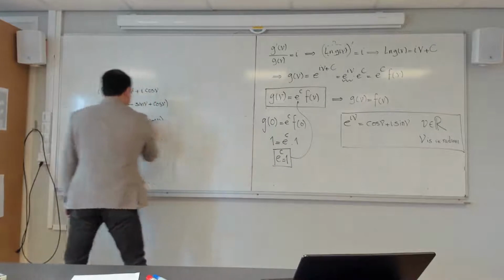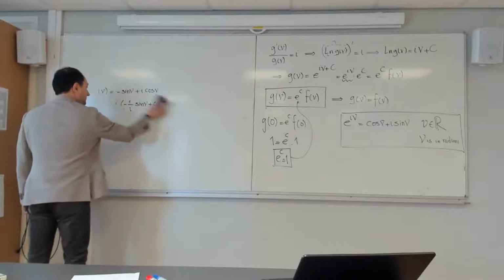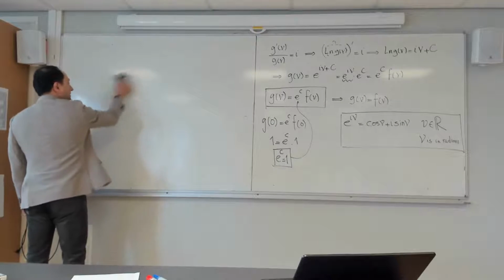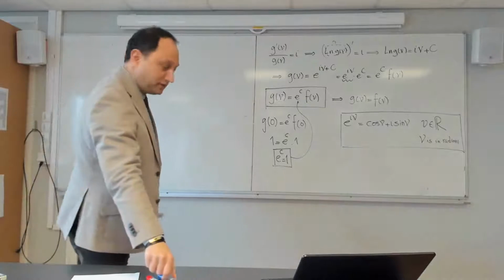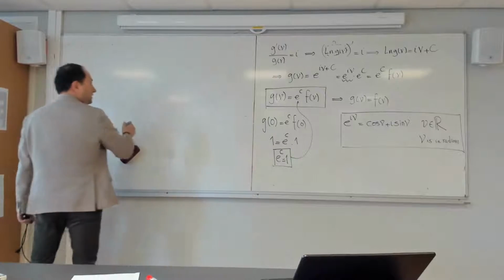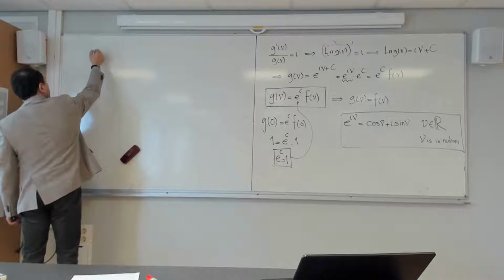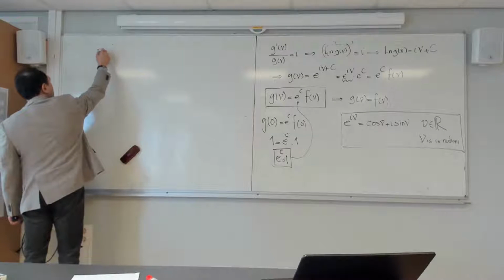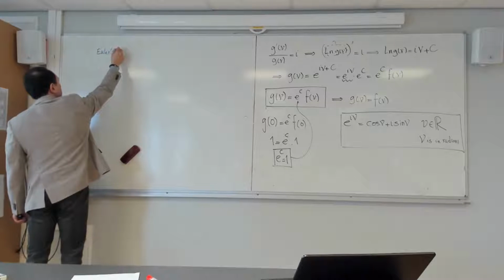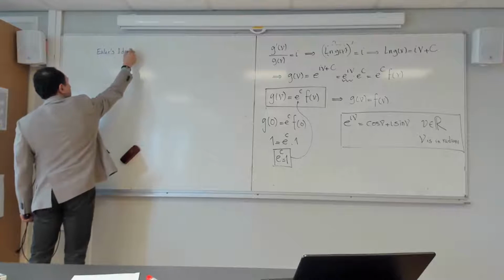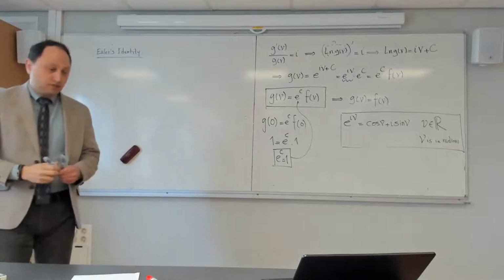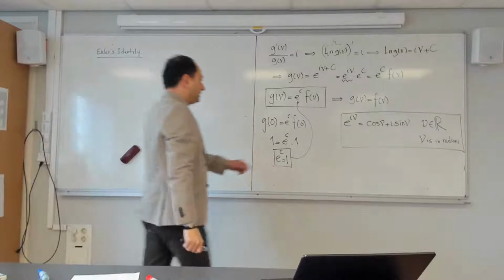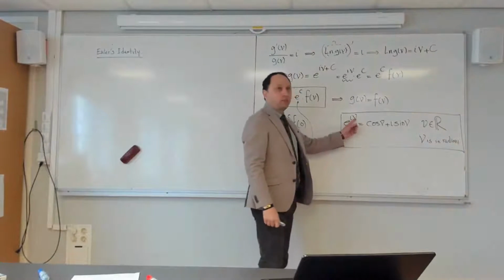So let us now consider this, which is probably called by many mathematicians the most beautiful equation in all of mathematics. That is called, again, Euler's identity. So let us replace nu by pi.